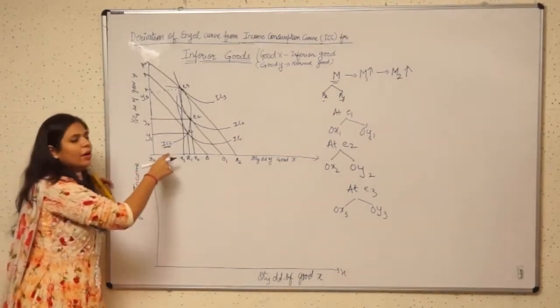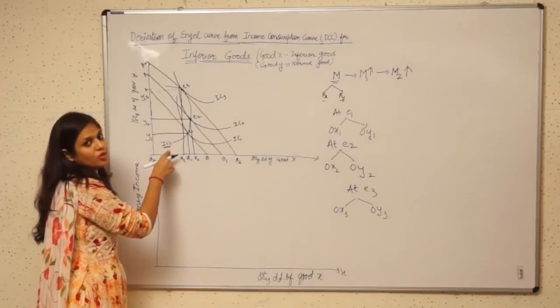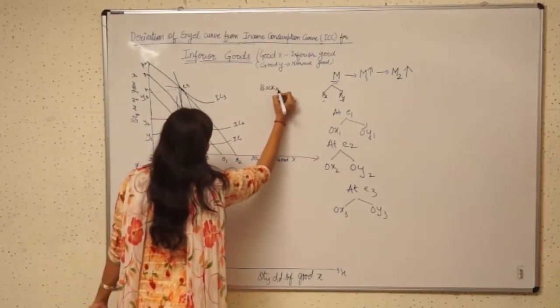So you can note down here that in case of an inferior good, the shape of an income consumption curve is a backward sloping curve.